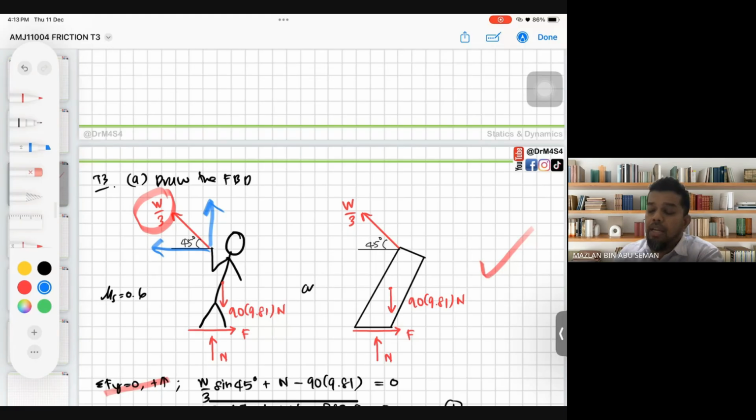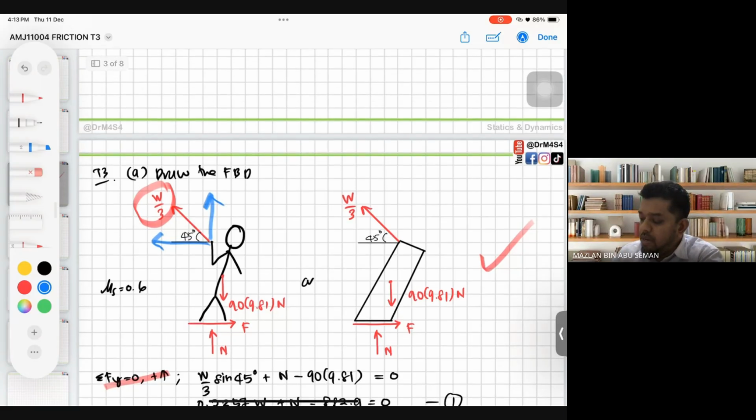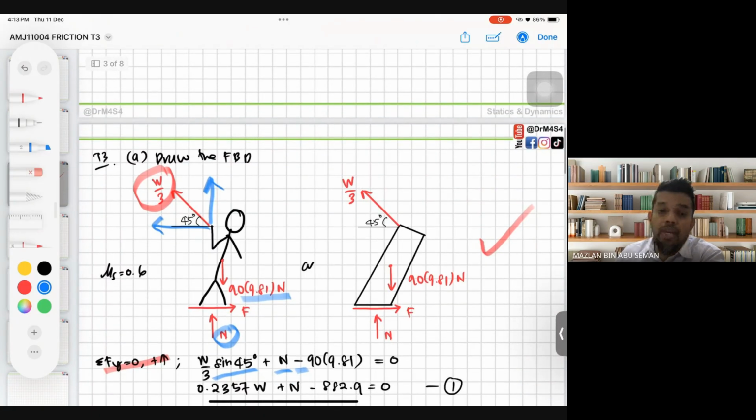I mentioned this in the previous class already. So for the vertical, it becomes W divided by 3 sine 45 plus N minus the weight, 90 times 9.81 equals 0. We cannot solve the equation yet, so we name that equation 1.